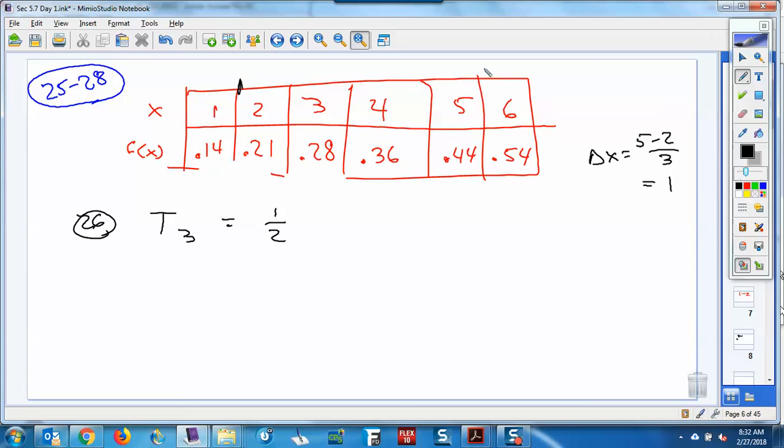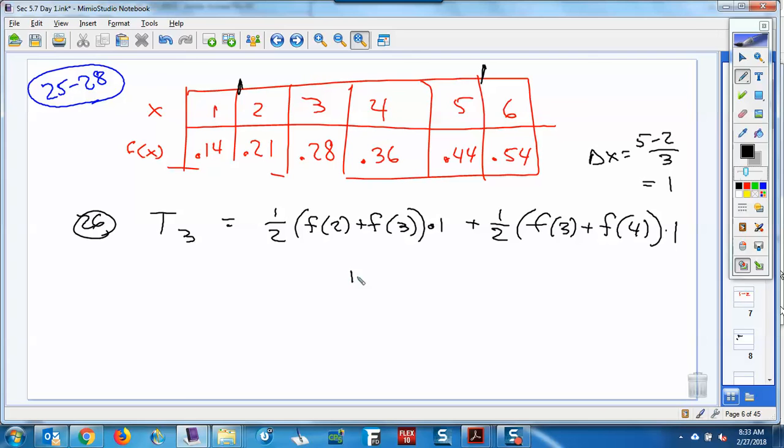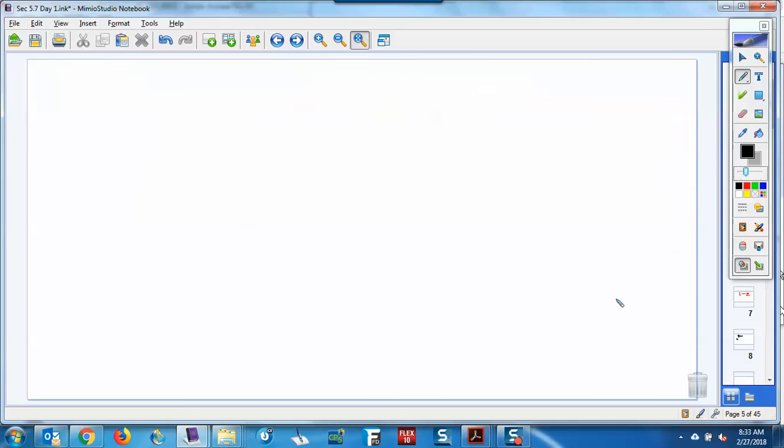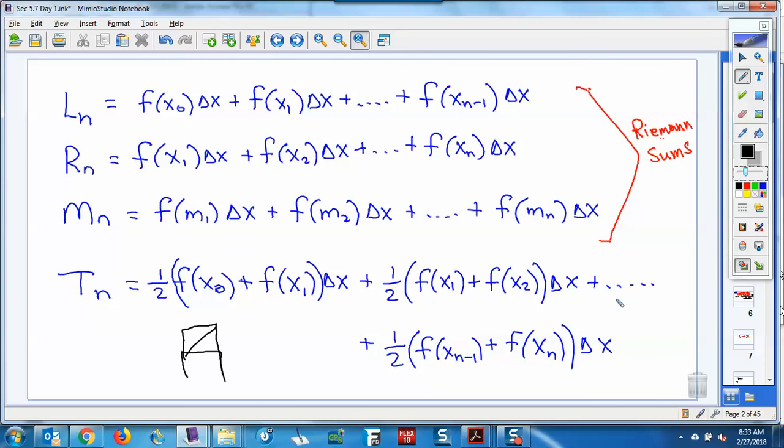It'd be (f(2) plus f(3)) times 1, plus 1/2 (f(3) plus f(4)) times 1, remember we reuse that, plus, we should have 3 of them, so one more, (f(4) plus f(5)) times 1. Again, we're just going back to what we wrote out yesterday, right? That's what a trapezoid looks like.